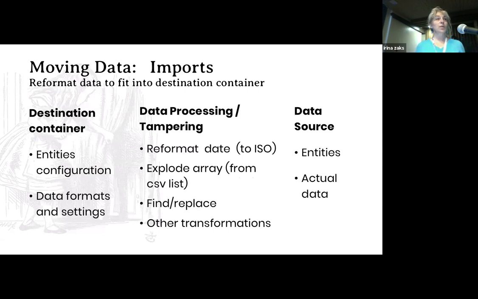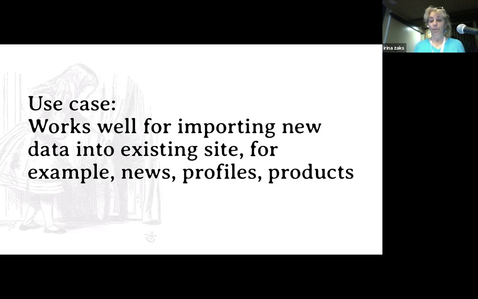We have an existing website with predefined containers, and then we have content that's coming externally, and we need to package it somehow, process it, and so we have a predefined destination container, and then the external source needs to be pre-configured so we can fit it into what we have.